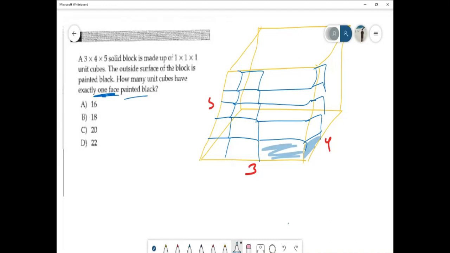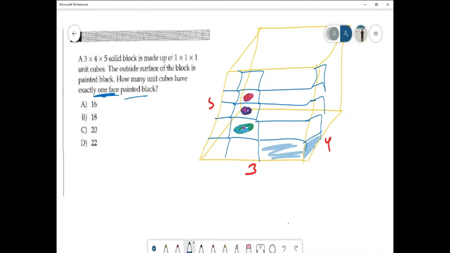If I paint this, this block is painted and this side is painted as well, so two faces of this block are painted. I need to find the blocks which are painted on one side only. I should be counting minus 1 to all of the sides, or minus 2.